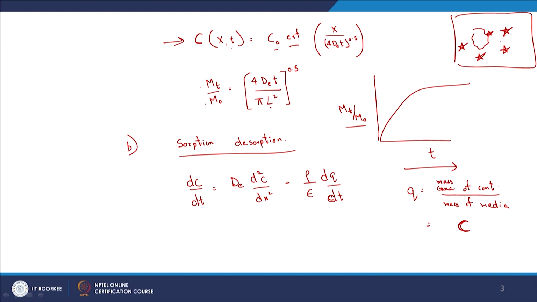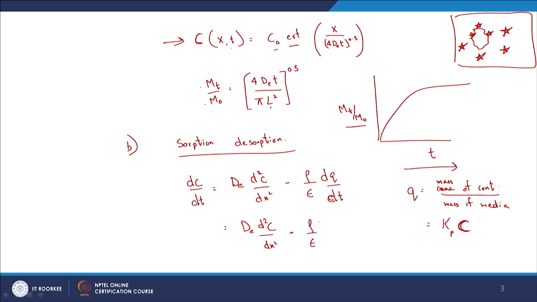So, the greater the concentration in the aqueous phase, the greater the concentration on the solid. So, Q is equal to Kp C if we assume that it is a linear relationship. This is something we looked at with respect to, I believe, mass transport or natural attenuation and so on and so forth.